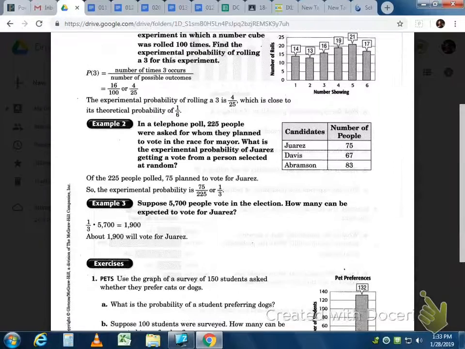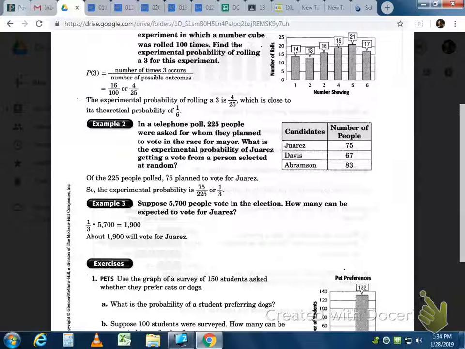Example 2. This is where I say you take their experiment and make predictions from it. So, well, not yet. This is still another experimental, I guess. In a telephone poll, 225 people were asked for whom they planned to vote in a race for mayor. What's the experimental probability of Juarez getting a vote from a person selected at random?